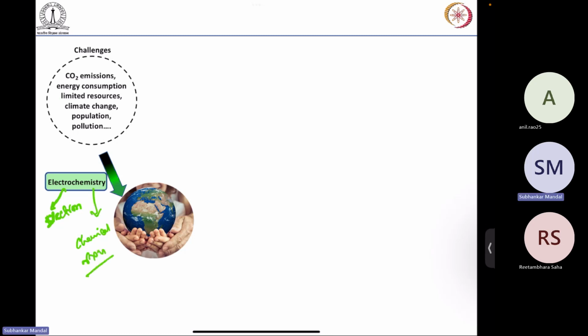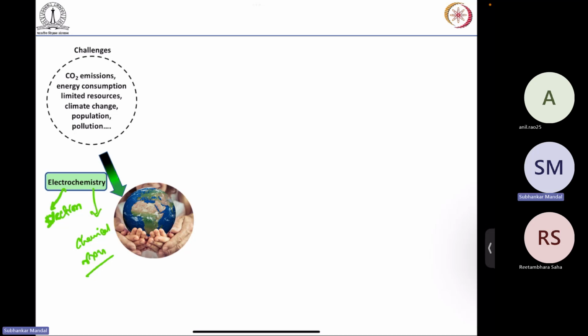That means electron transfer is happening, and due to the electron transfer a chemical reaction is happening. As the electron transfer is happening, that means you are getting current, right? So electrochemistry is quite interesting: the renewable energy source which is controlled by nature can be controlled by the human.